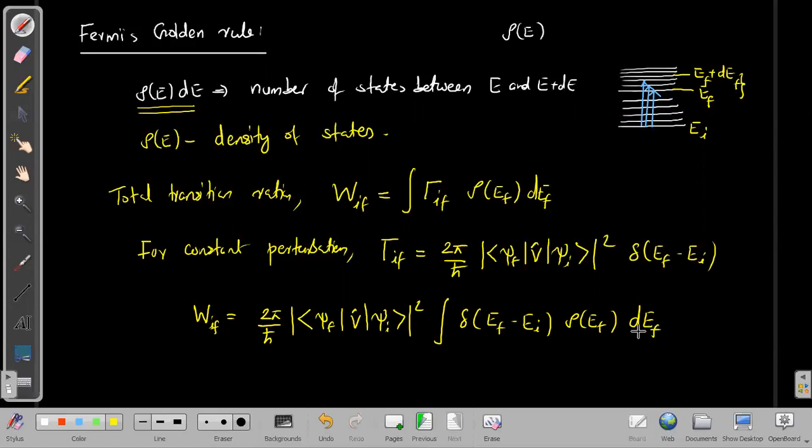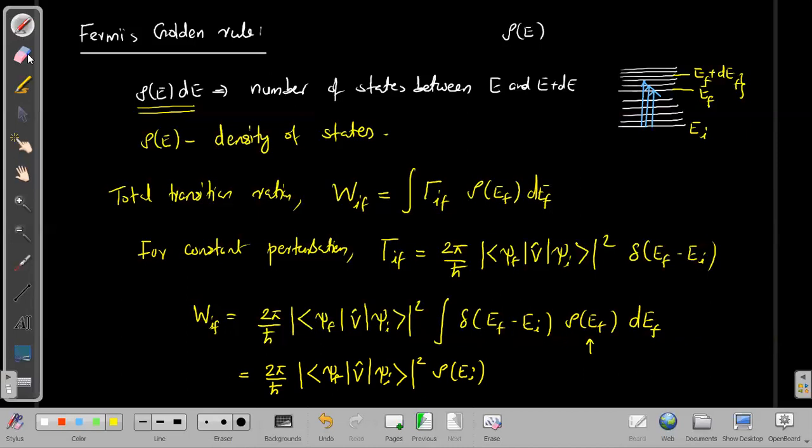Now the result of this integration is very trivial to us, because by the definition of the Dirac delta function, if you integrate over the energy variable E_F, I have to just replace E_F with E_I in the function. So the result of this integration becomes simply rho at E_I. So this becomes 2 pi by h cross, the inner product psi_F V psi_I mod square, times rho at E_I.